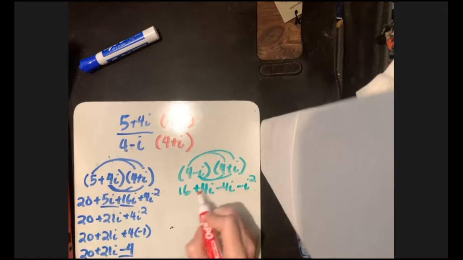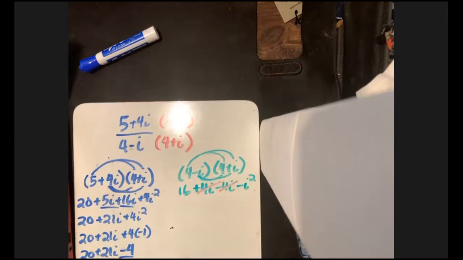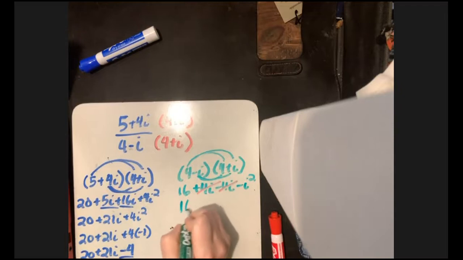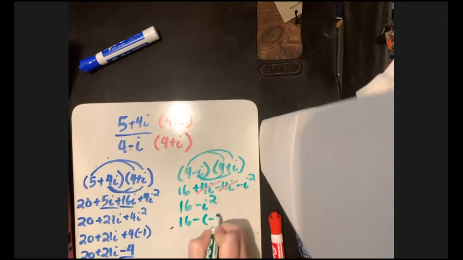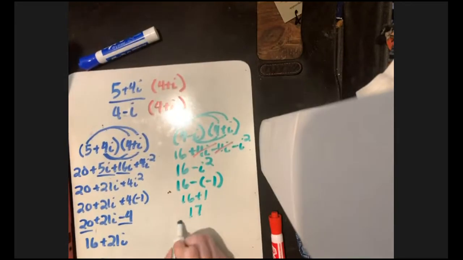And again, we've got that plus 4 minus 4 on the i's, which is going to cancel out. So I've got 16 minus i squared. Notice here, I just changed the i squared for the negative 1. That subtractive is still there. So it's going to be 16 plus 1, which is going to be 17. Now, this is the bottom.